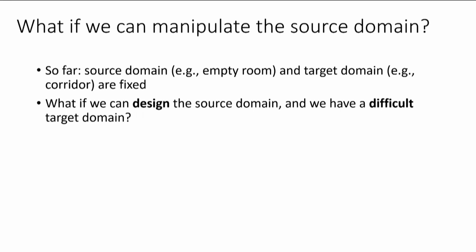But sometimes we can actually design the source domain. This is the case, for example, if you want to transfer from simulation to the real world. If you want to train a policy in simulation, you get to pick which simulator you use, so it makes sense that you would pick the simulator best suited for transfer. But you probably can't pick it to be exactly the same as the target domain, because the target domain is very complex in some way, or maybe you don't know something about the target domain, so you can't have things match exactly.